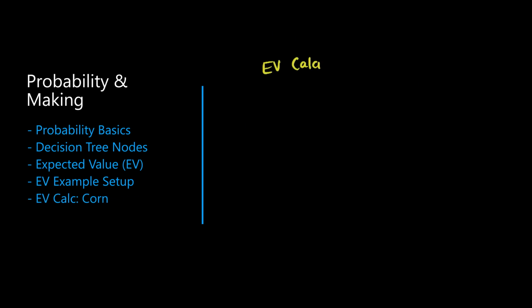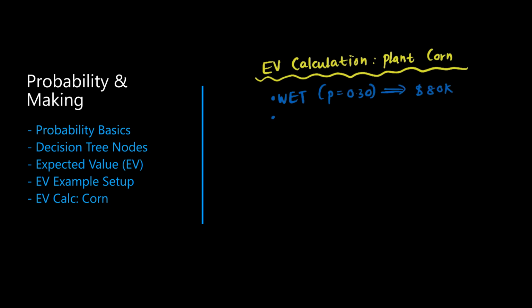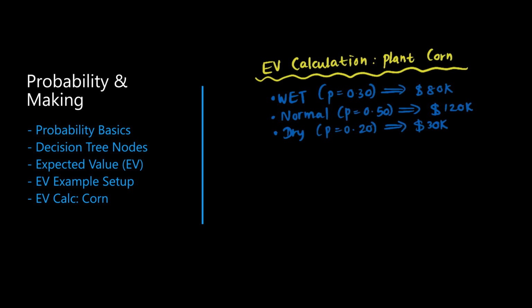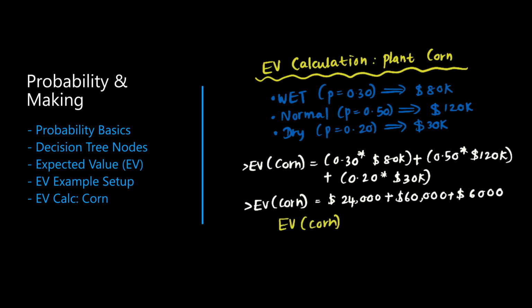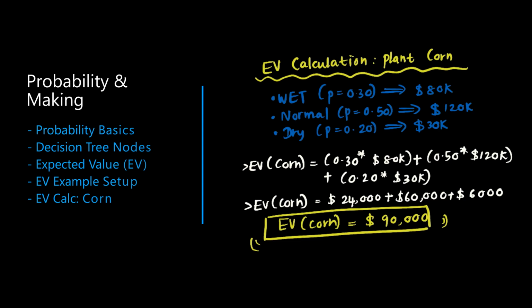Let's build the decision tree. Now let's calculate the expected value for planting corn. It's 30% of 80,000, which is 24,000, plus 50% of 120,000, which is 60,000, plus 20% of 30,000, which is 6,000. Add them up, 24,000 plus 60,000 plus 6,000 gives an EV of $90,000 for corn.